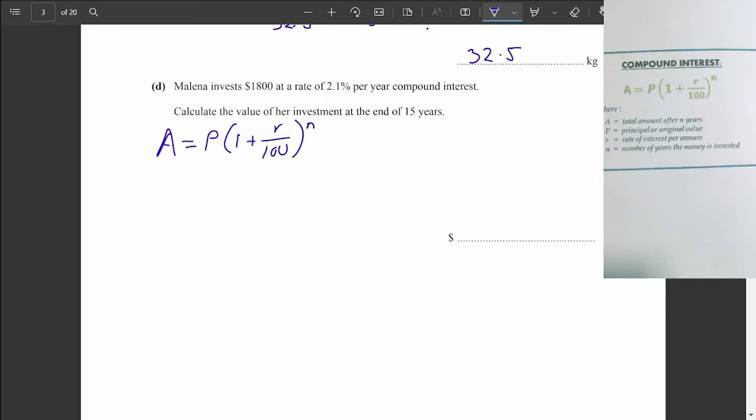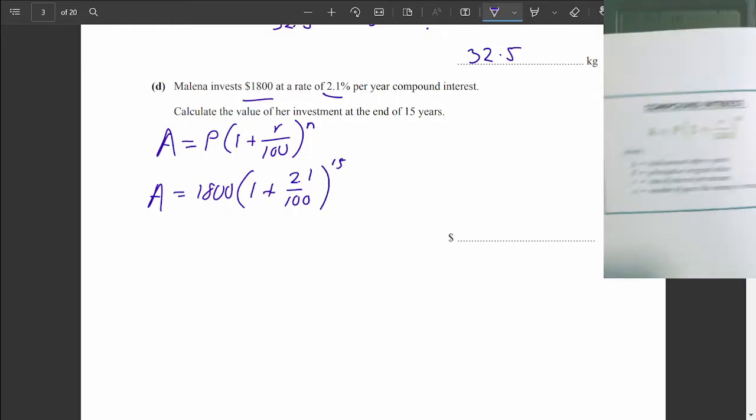P being the principal, the original amount, and n being the time. So it will look like this. A equals the original amount, $1,800. The rate is 2.1%, so it's 1 plus 2.1 over 100. And the time is 15 years.